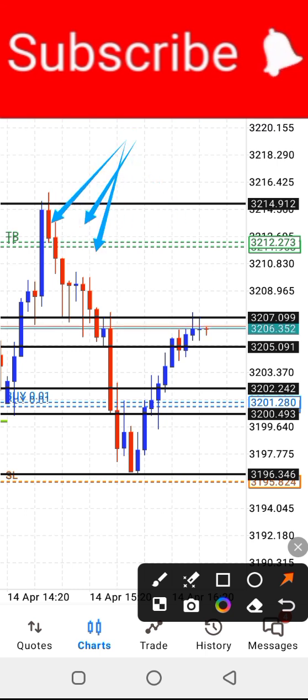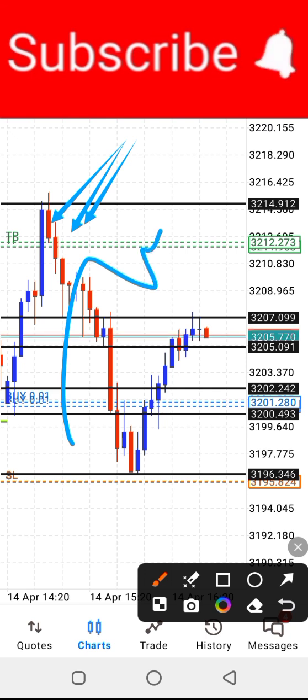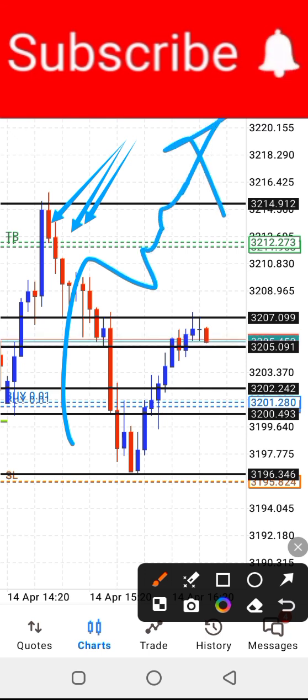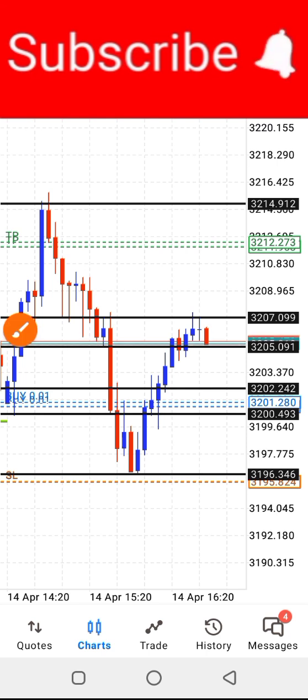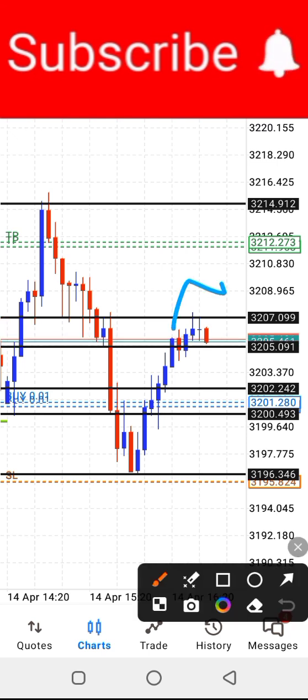Just place your TP at the edge or just below that last candle right there. Okay, so most times price is going to get here. It could even go past it. It could clear the whole thing also. All right, but to be very, very safe, you can just take that last candle and place your TP right there. So you'll be 100% certain that price will definitely get here and you get out.